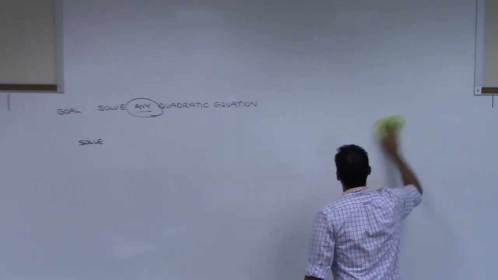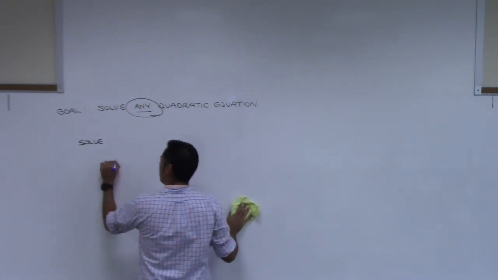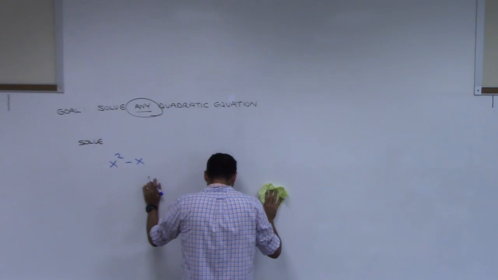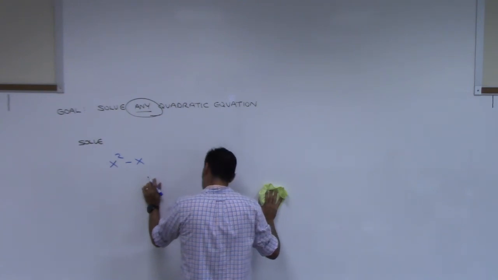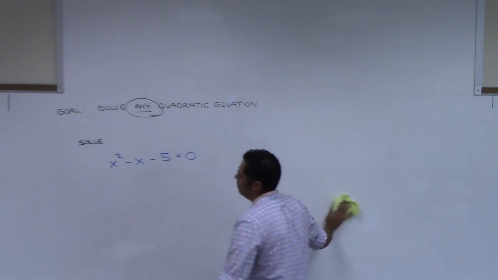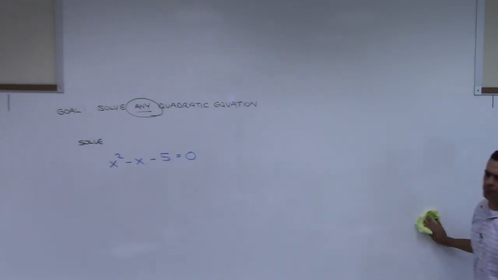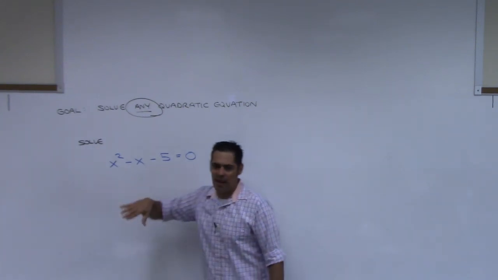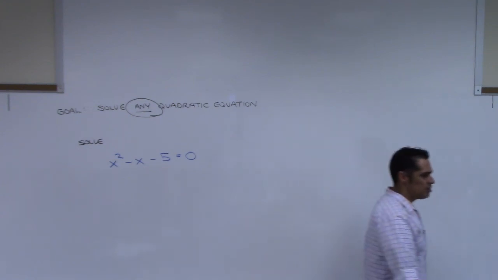So how about this one? X squared minus x minus 5 equals 0. All right, so that's a quadratic equation, right? B is not 0, so we have to either factor or use the quadratic formula.